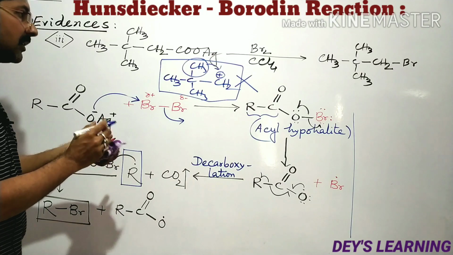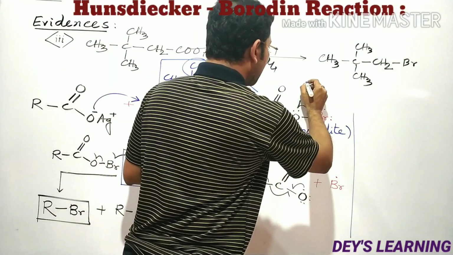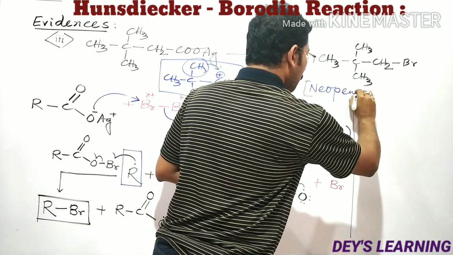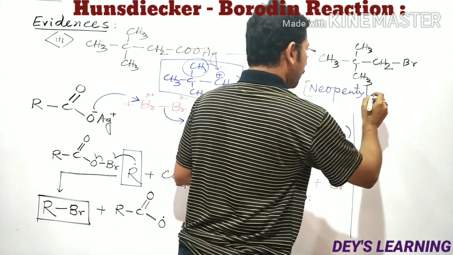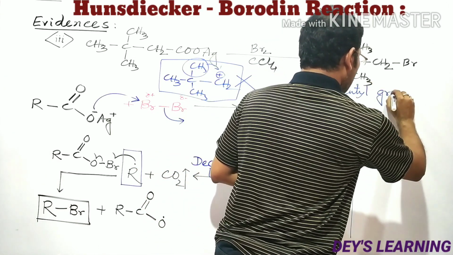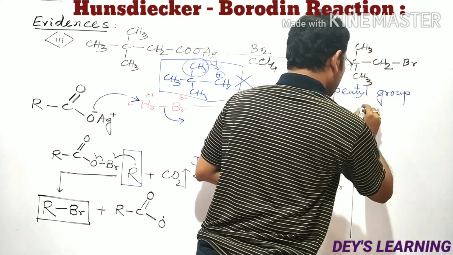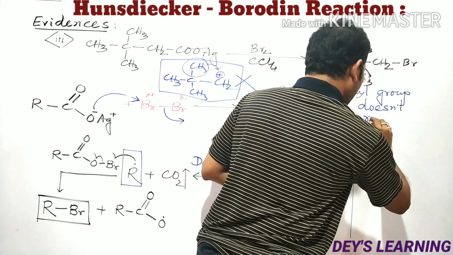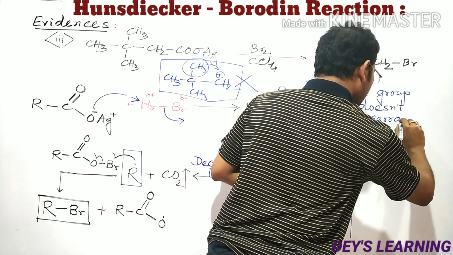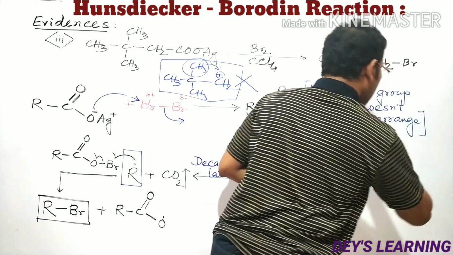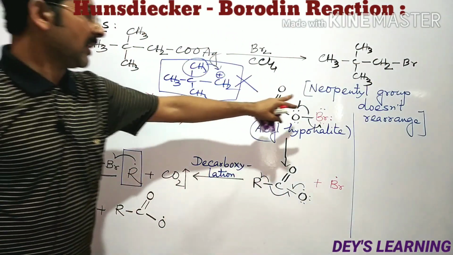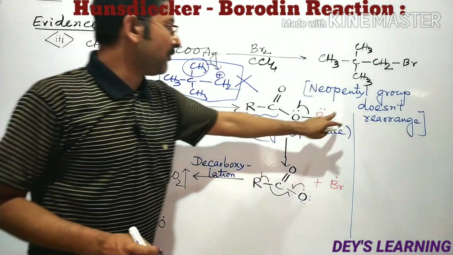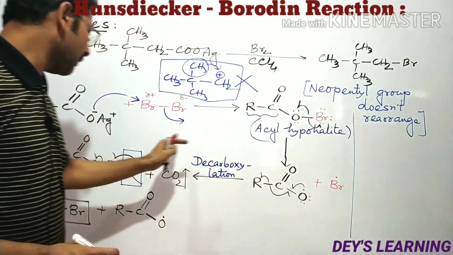So we can write that the neopentyl group doesn't rearrange. So this is a very strong evidence in support of the free radical mechanism.